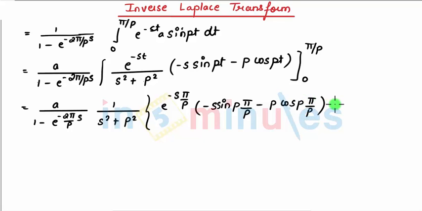That's my first limit. Minus, I put the lower limit 0, e raised to 0 is 1, then it remains with, put 0 here, that becomes minus s sin 0 minus p cos 0.